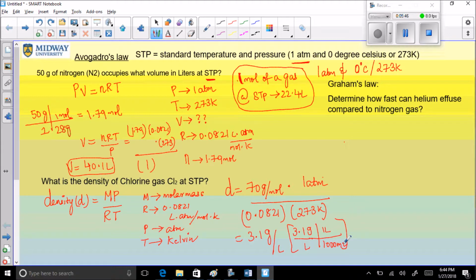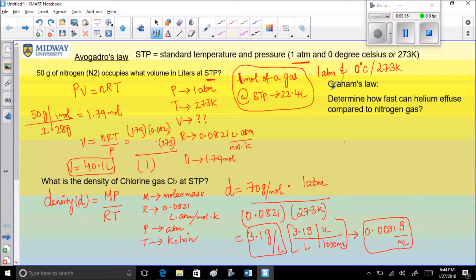So it'll be 3.1 over 1,000, which would be 0.0031 grams per milliliter. How do I know it's liters? Because the gas constant is in liters. So be careful, 3.1 grams per liter is not the same as 0.0031 grams per milliliter. All right, moving on.